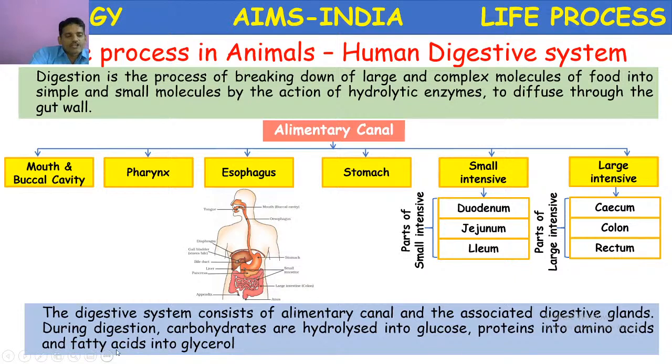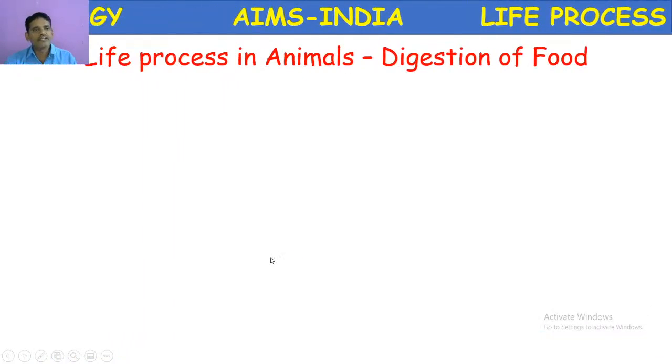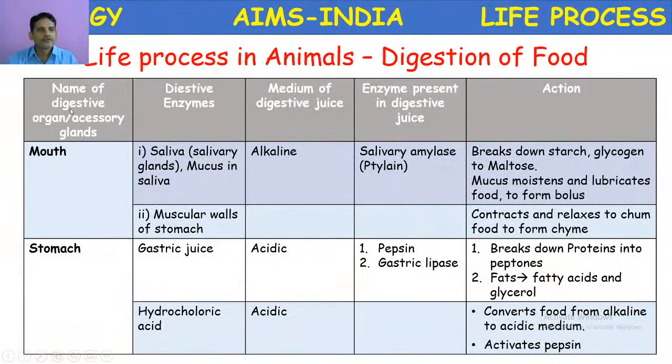Fats are finally converted to fatty acids and glycerol. So let us see how digestion takes place in the different parts of the digestive system of human beings.